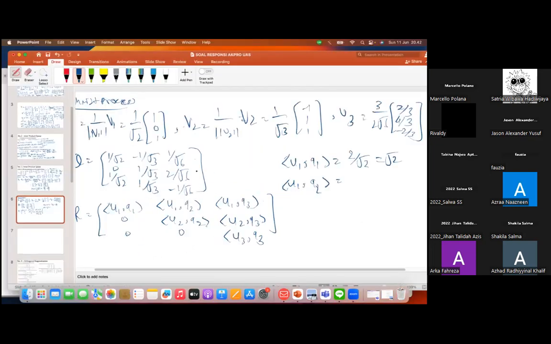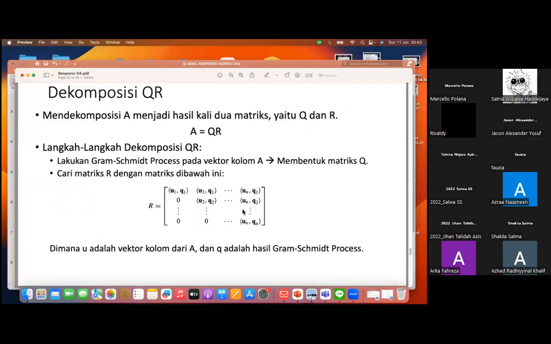Sorry, this is supposed to be U1, U2, U3 against Q1. This is U3 comma Q2. This is U3 comma Q2. Is it correct? Yeah.